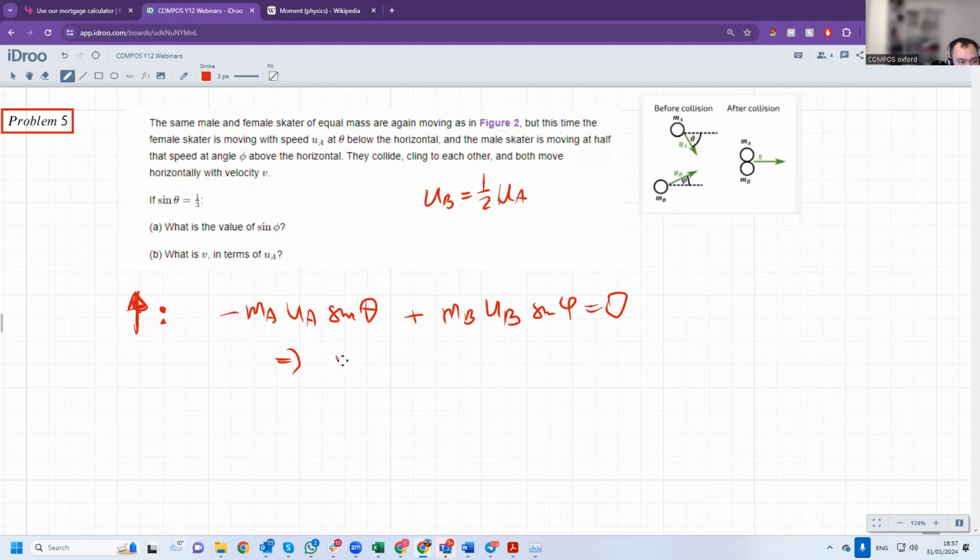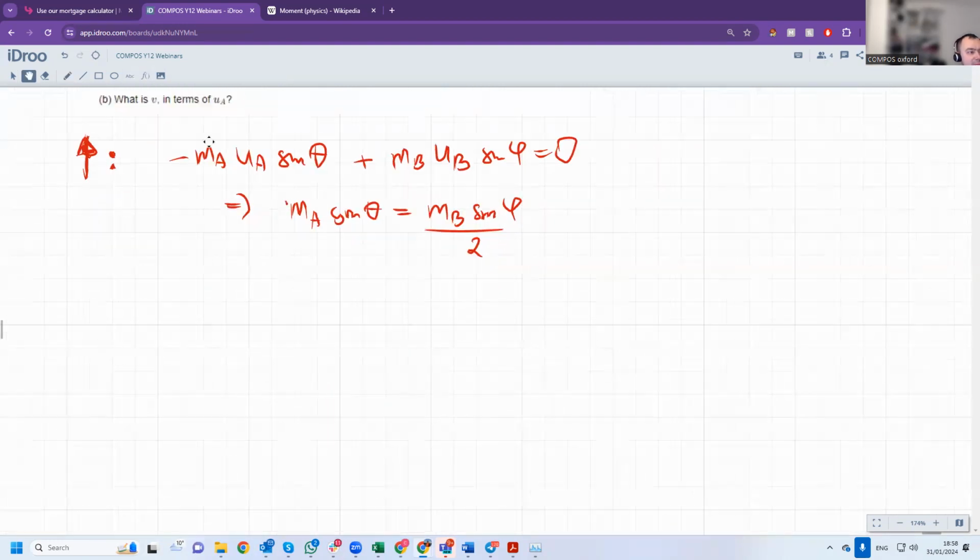So MA sine theta is equal to MB sine phi divided by 2. We know that the masses are equal, so we can cancel them as well. So 2 sine theta is equal to sine phi.